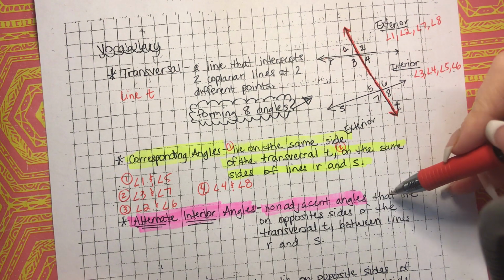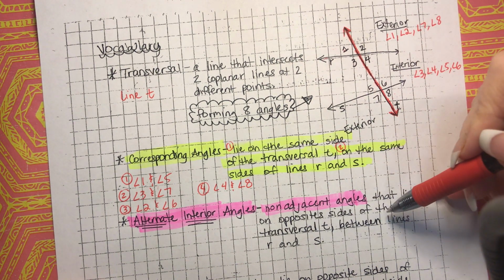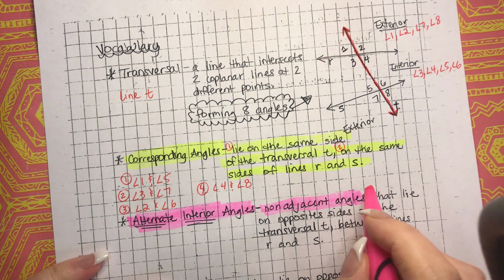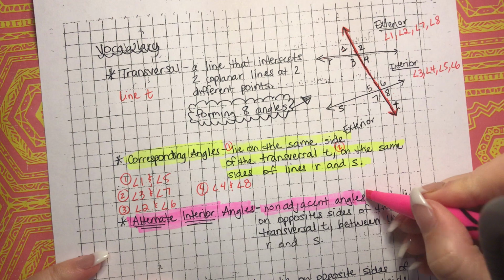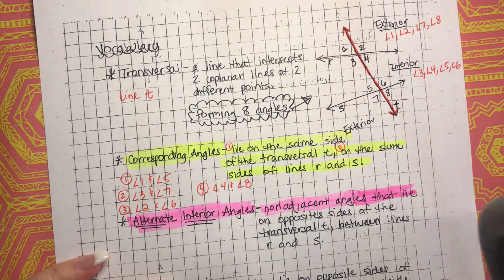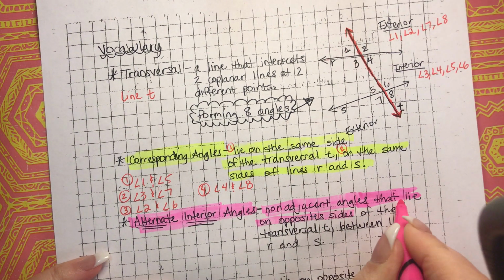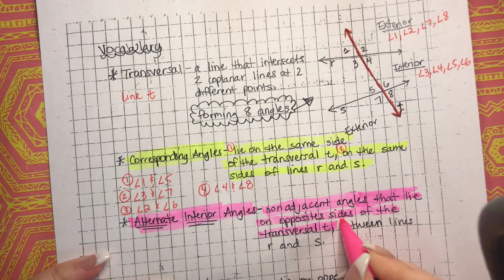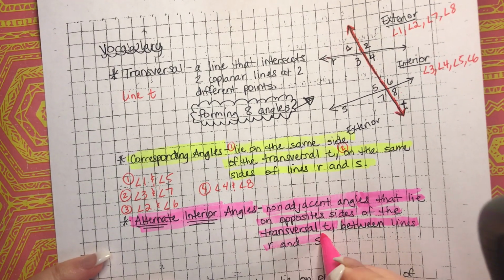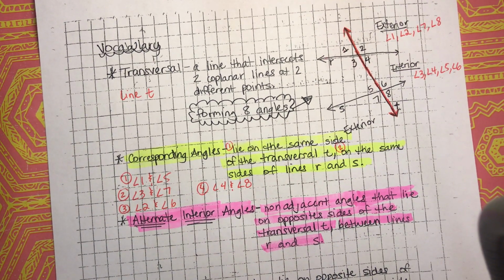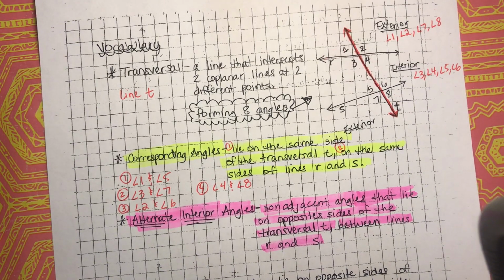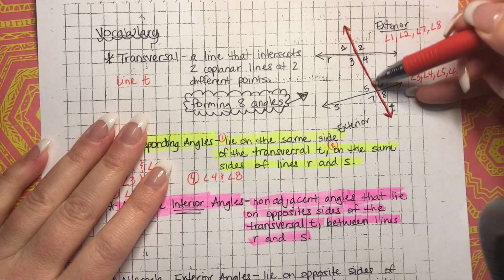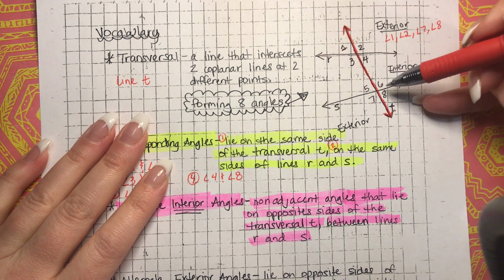So they're non-adjacent angles that lie on opposite sides of the transversal T, between lines R and S. Okay, so if you're looking at this picture, all of the interior angles are right in here, 3, 4, 5, and 6, right?